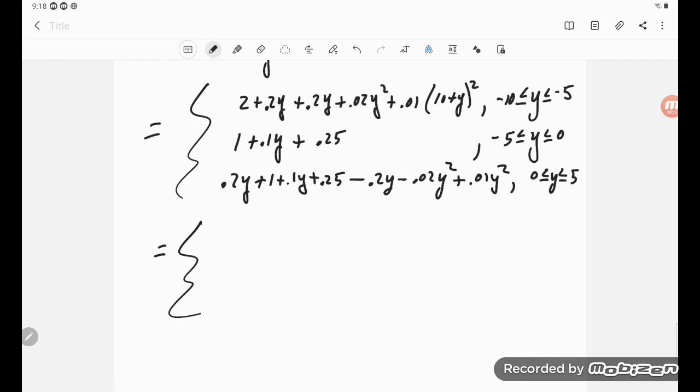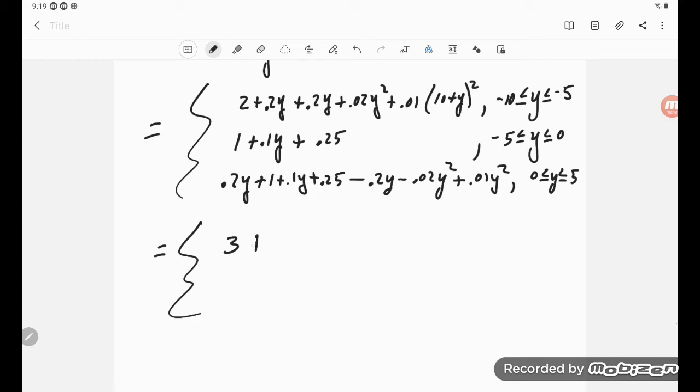So trying to simplify this whole thing, okay, I'll square this out. I'll get 10 squared, which is 100, times 0.01, which is 1, so it looks like I get a 3. And then, how about the y's? I get a 0.2 and a 0.2y, and in here I'm going to get 20y times 0.01, so that's 0.2.